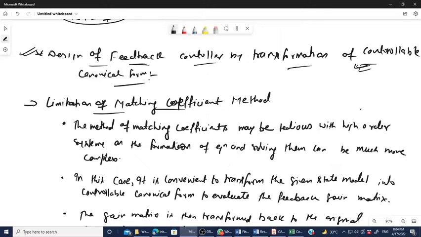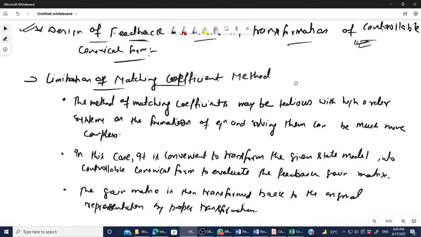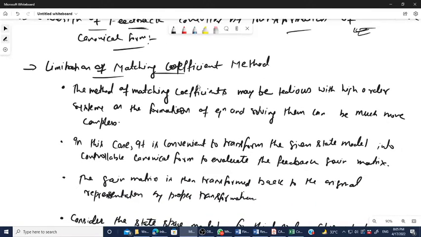Okay, so now I'm going to start the lecture: design of feedback controller by the transformation to controllable canonical form. First of all, you have to understand the limitation of the matching coefficient method. As you know, in the matching coefficient method, we have to draw the characteristic equation.